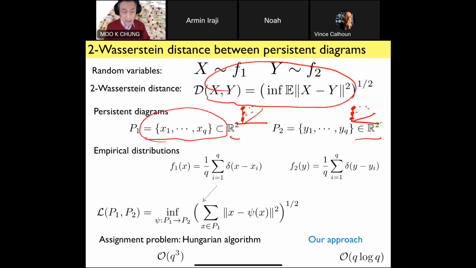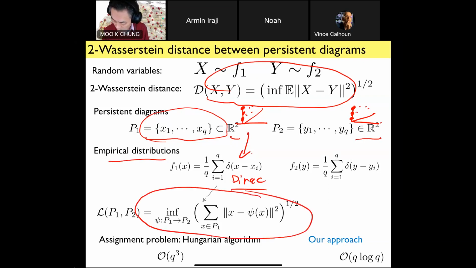Now, how do you match the Gaussian diagram with the Wasserstein distance? You have to put a distribution. So I put a Dirac delta, which is a distribution, and make the scatter points into an empirical distribution. You have to work out the algebra, and we can show that the Wasserstein distance can be written in this form, where this is a bijection or permutation.